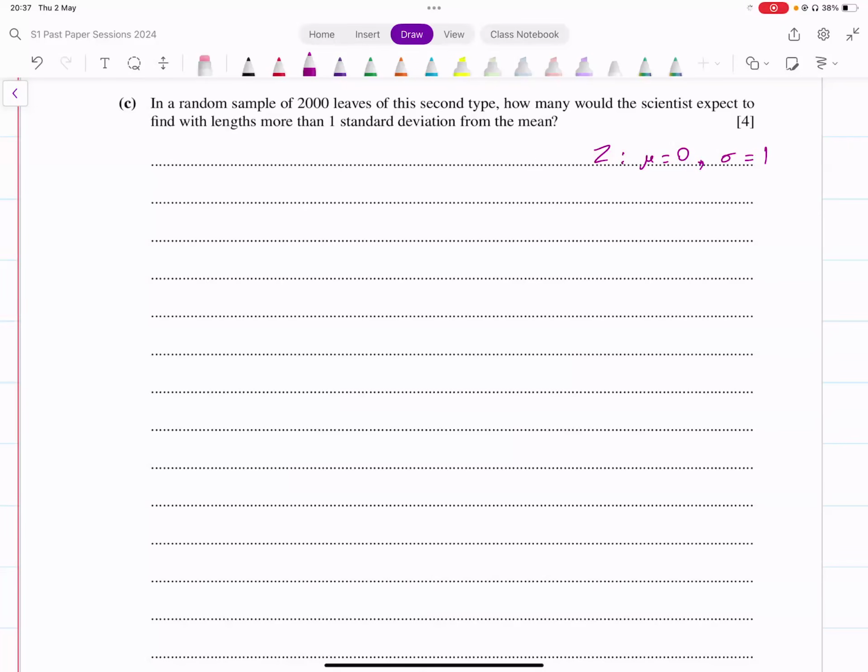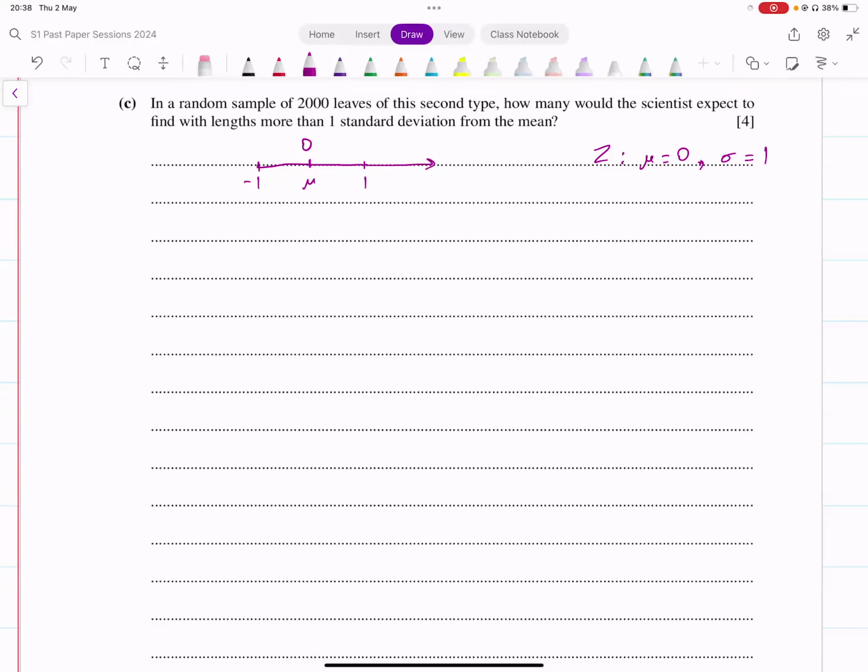So if the lengths have to be more than one standard deviation from the mean, let's think about this. Mean is in the middle. For a Z distribution, mean is 0. You want to be more than one standard deviation away from the mean. On the left side, you would have -1. On the right side, you have 1. This is one standard deviation away on both sides.